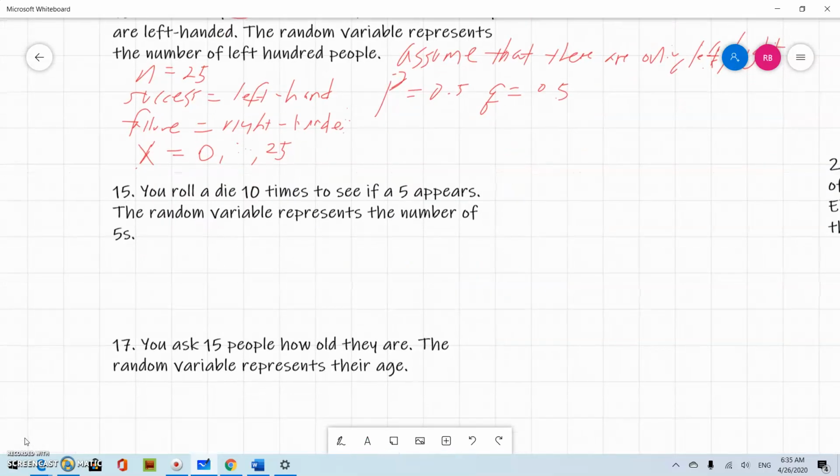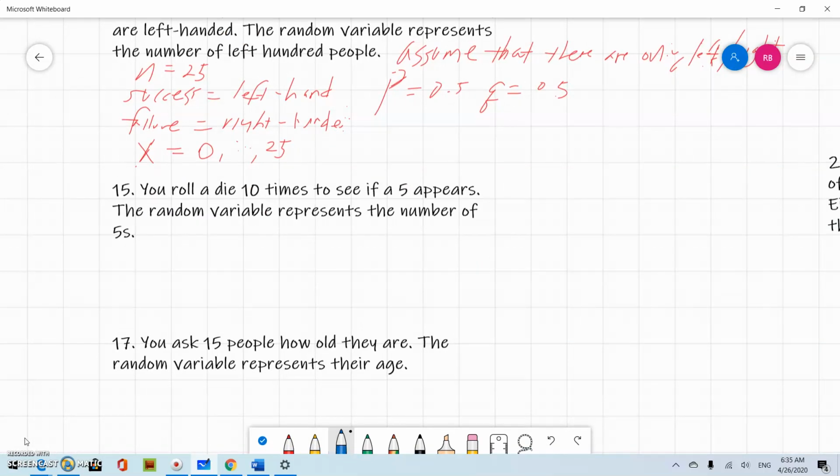So let's go to 15. You roll a die 10 times to see if a 5 appears. So this sounds like a binomial setup. Your n is 10, and your success is seeing 5. Even though there are 6 possibilities, everything else can be considered as failure. That means this is still a binomial.